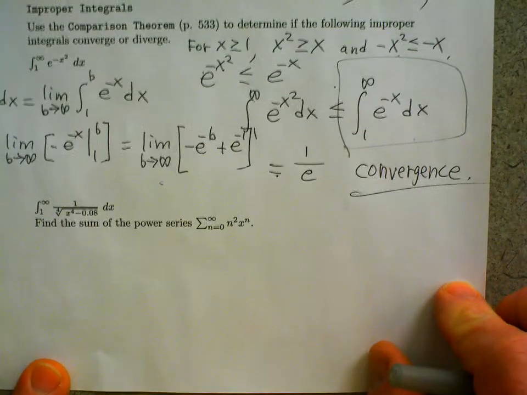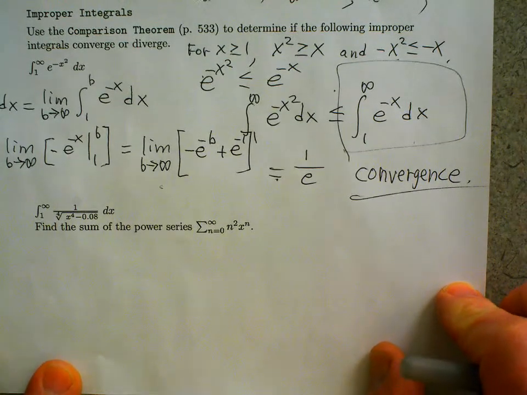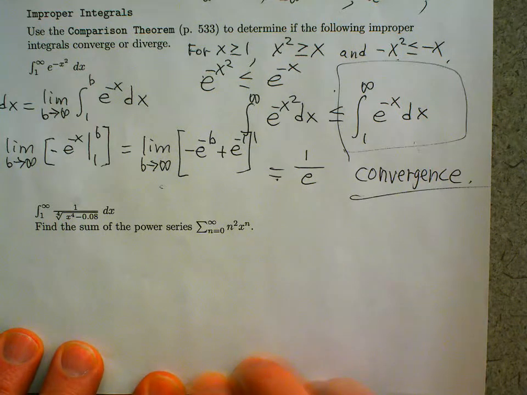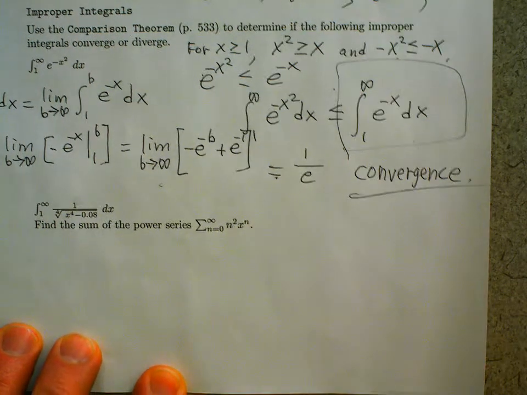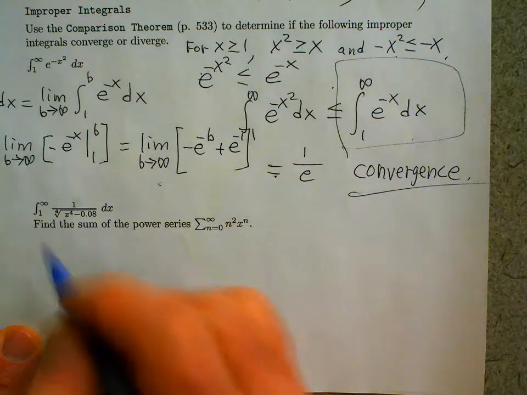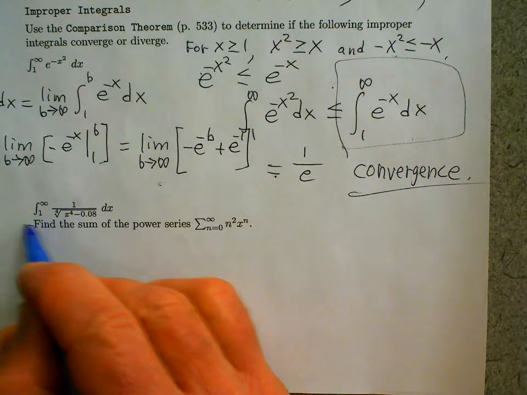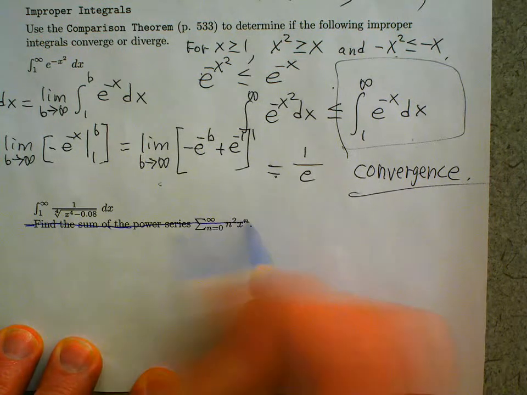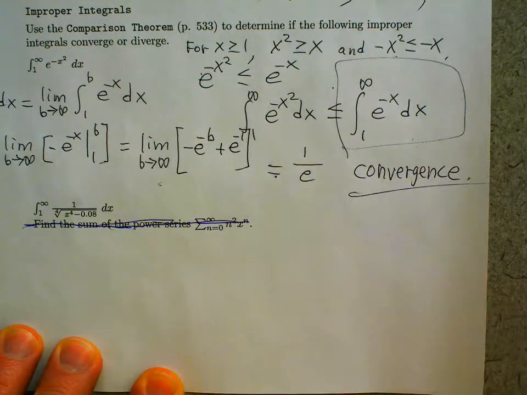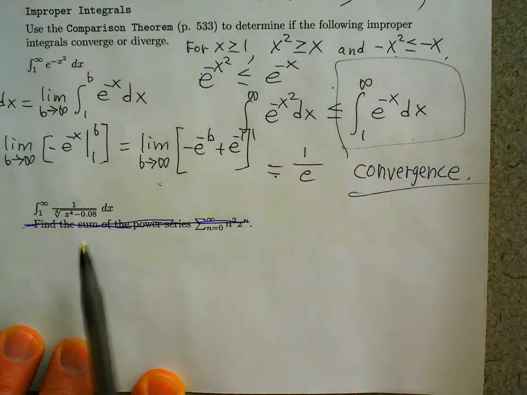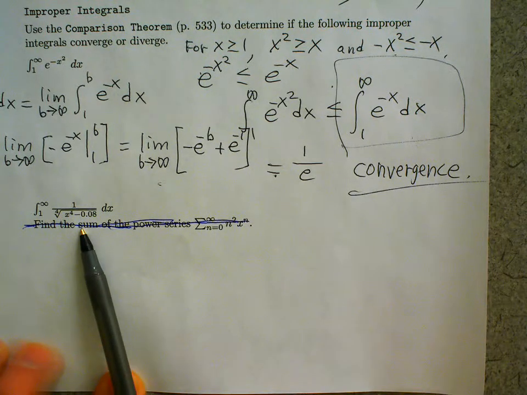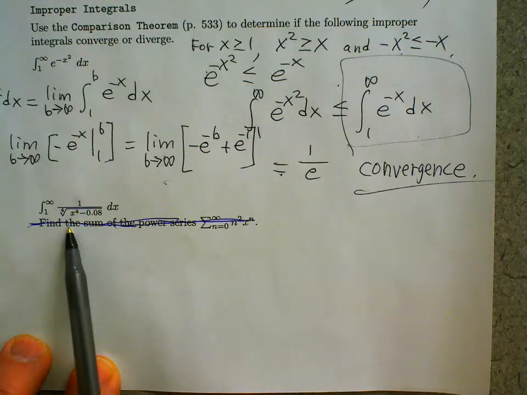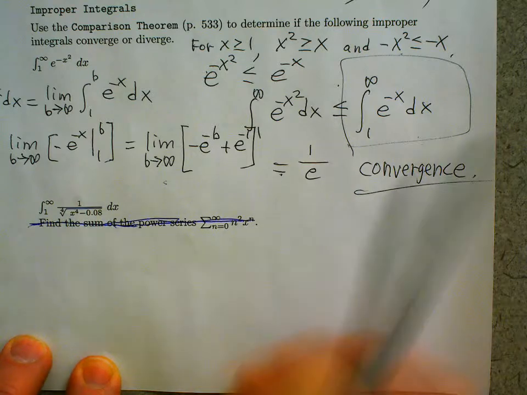So we were looking at improper integrals and the comparison test. So this right here, find the sum of the power series. Well, that's not supposed to be there. We're just going to determine if this improper integral converges or diverges.